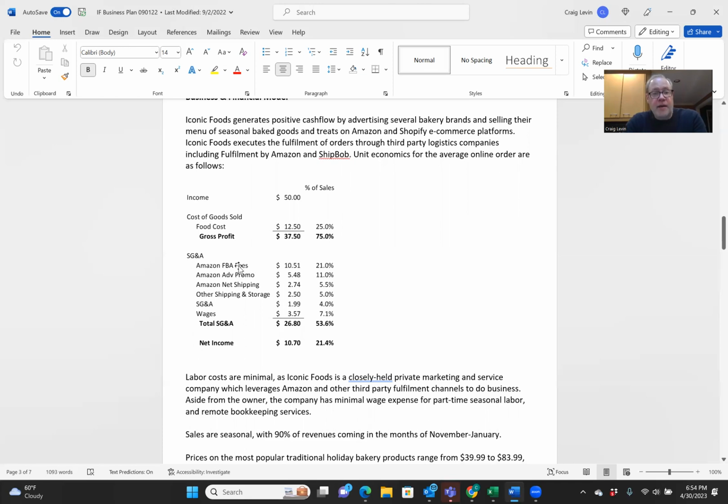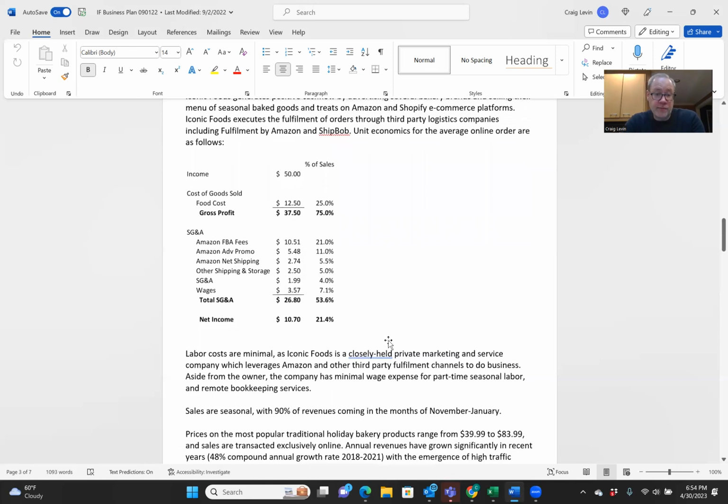And then she had Amazon fees, shipping fees, as you'd expect. There's a selling, general and administrative, and wages allocation to this based on how many units she sells each year. And the net income came to 21%, or just over $10.